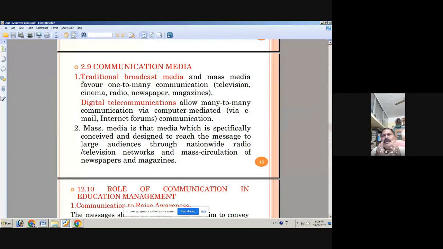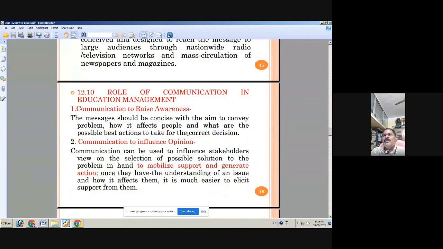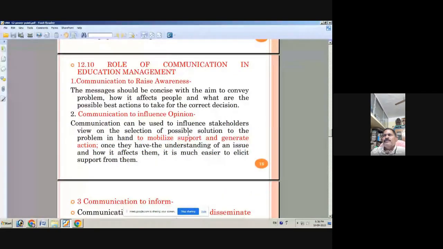So definitely traditional broadcast media is there, digital telecommunication is also there, and mass media we are also accepting. Because without mass media we cannot live, because always we are trying our best to get information from different sources. In educational management, how is communication very much helpful?